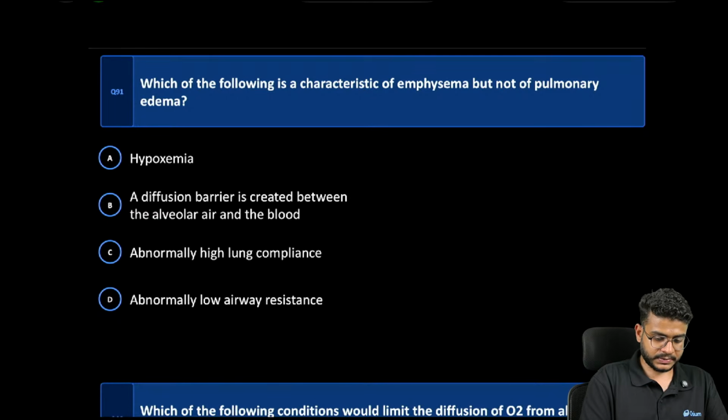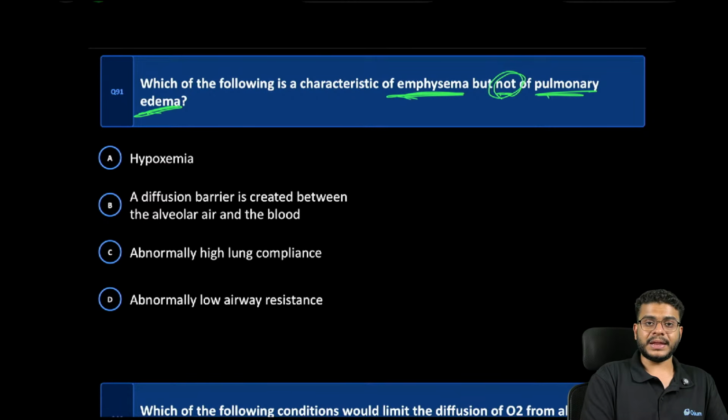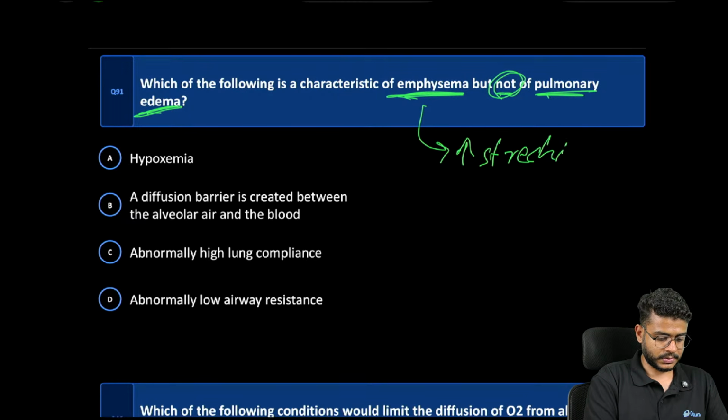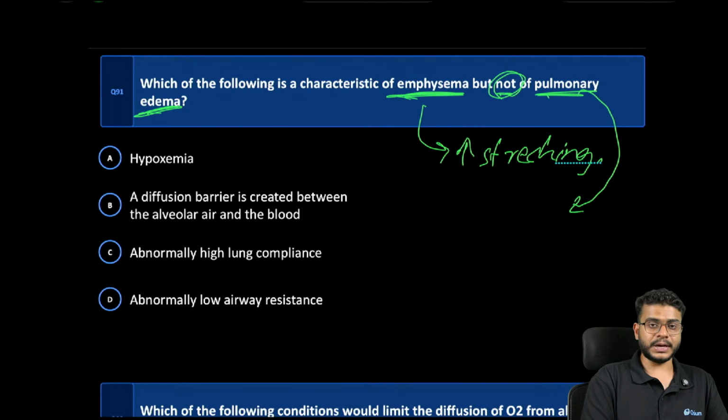Okay, the next question. Which of the following is a characteristic of emphysema but not pulmonary edema? See, in emphysema, the lung loses its tendency to recoil. It has higher stretching. But in pulmonary edema, there is fluid accumulation, so it loses the lung compliance or the stretching.